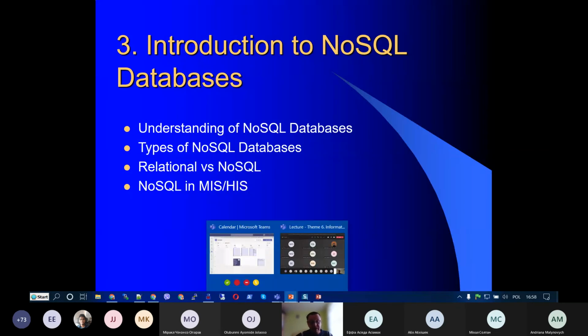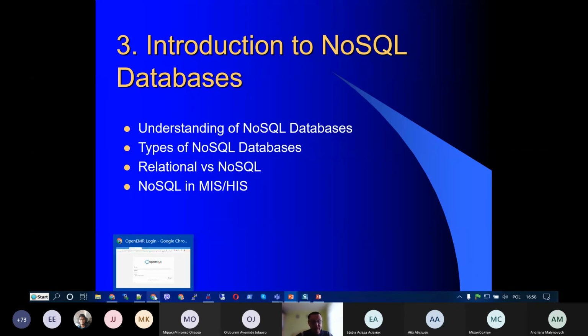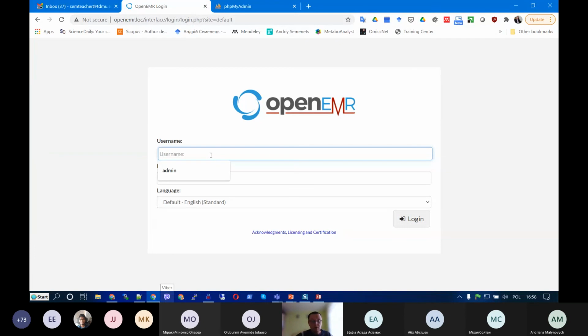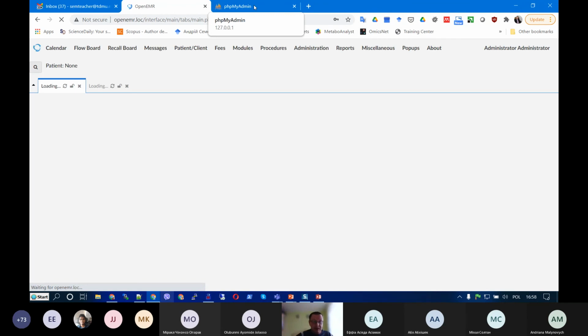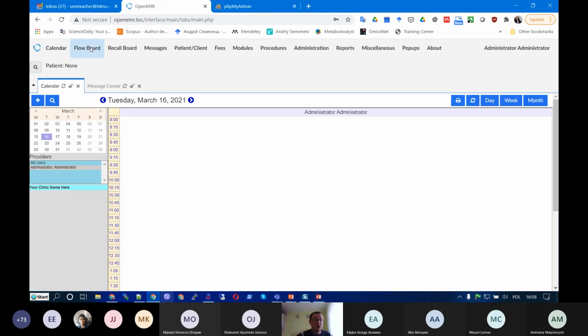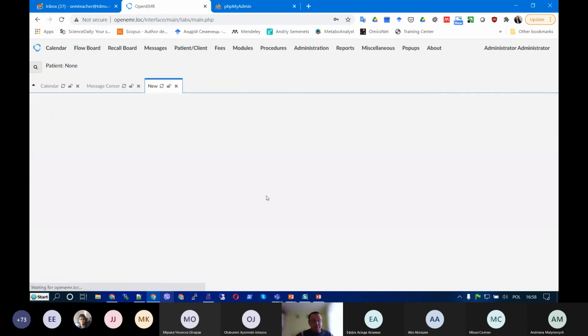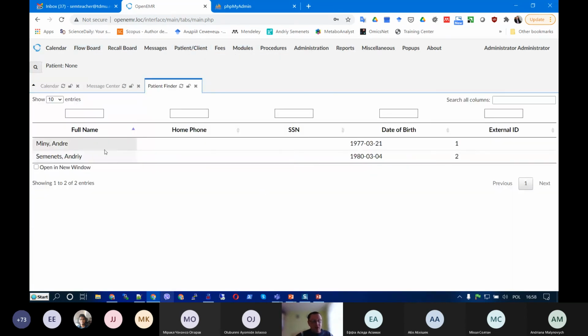And before we leave, just a final example, the OpenEMR medical information system. When I look into it, here is a general practice clinical information system dedicated to creating and managing electronic medical records for patients.